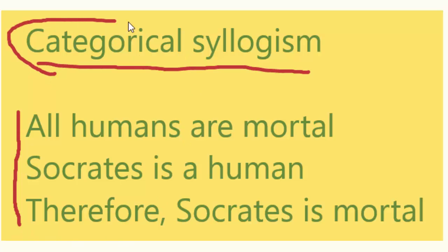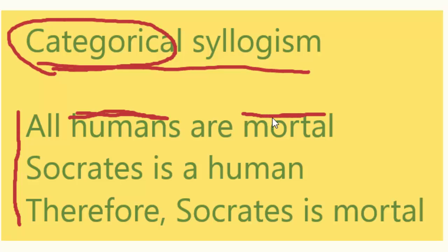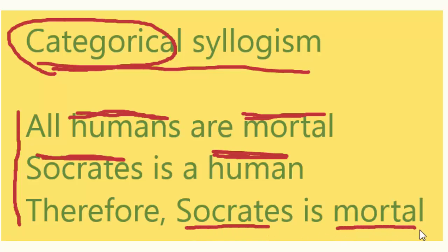The reason why this is a categorical syllogism is we're being told that certain categories, the category of humans, the category of mortal things, and the category that contains just one entity, namely Socrates, relate in such a way that it's going to guarantee that Socrates belongs in the category of being mortal.